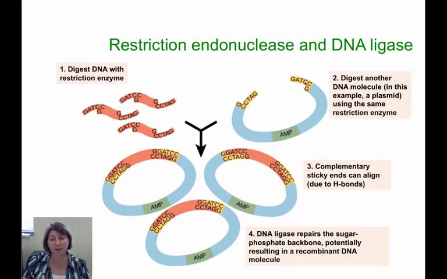If we put these two pieces of DNA together, the complementary sticky ends will align due to hydrogen bonding, and then we can use the enzyme DNA ligase to repair the sugar phosphate backbone of the DNA. And what this means is now we have covalently linked these two pieces of DNA, and so therefore we have a recombinant DNA molecule.